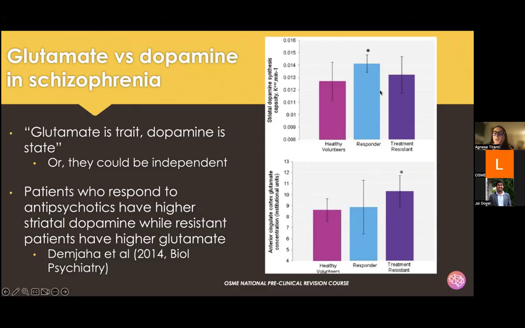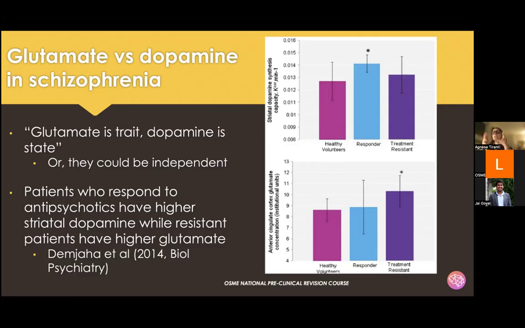in here is striatal dopamine synthesis. And you can see that patients who respond to antipsychotics have higher dopamine synthesis. So this makes sense. This is what our dopamine hypothesis is. On the other hand, it shows that treatment-resistant people have increased anterior cingulate cortex glutamate. So this paper points at the idea that there's two categories of patients with schizophrenia.